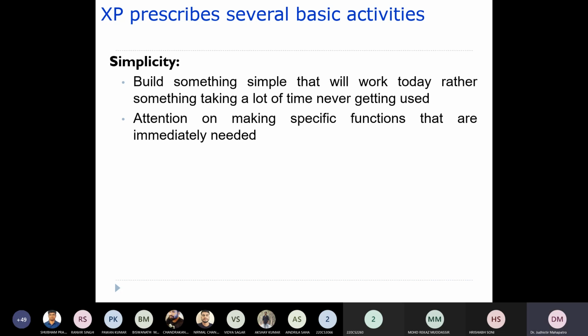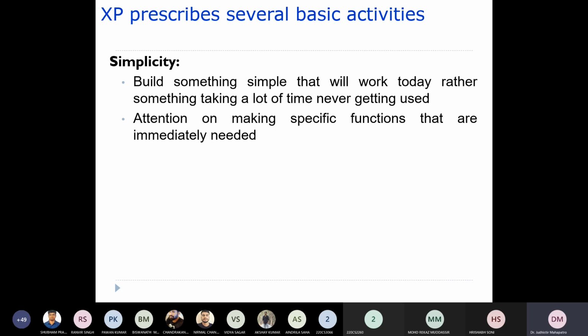And what you do is you implement all of the features by taking a lot of time, and by the time you deliver that particular software, maybe that is no way useful to the customer. As a result, what will happen? That will be useless again.